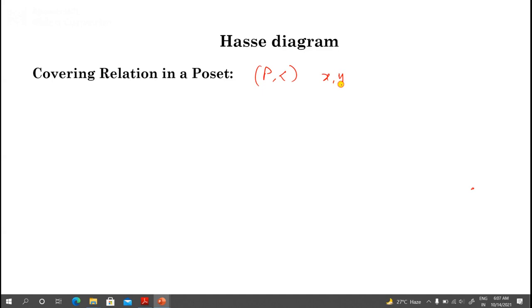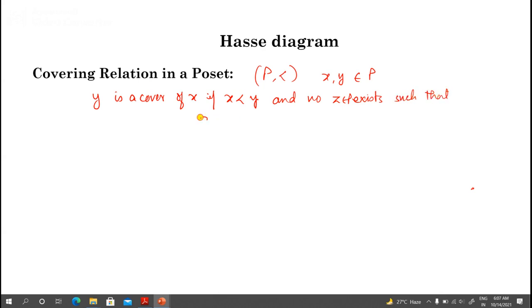Suppose X and Y are elements of P. So we say Y is a cover of X if X is in partial order relation with Y and no Z belonging to P exists such that X is in partial order relation with Y and Y is in partial order relation with Z.